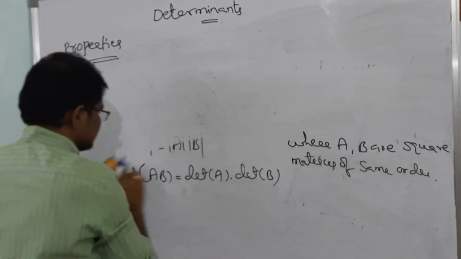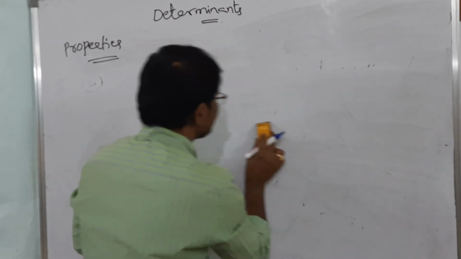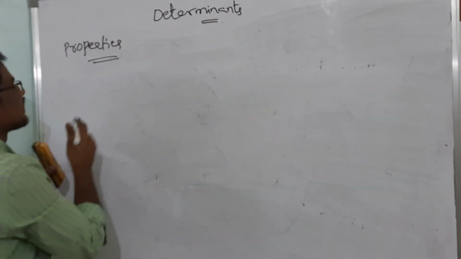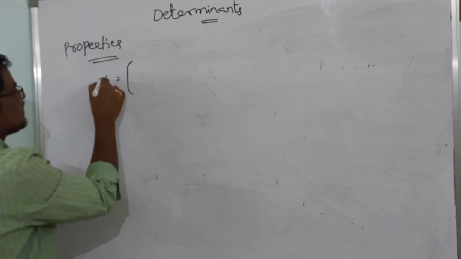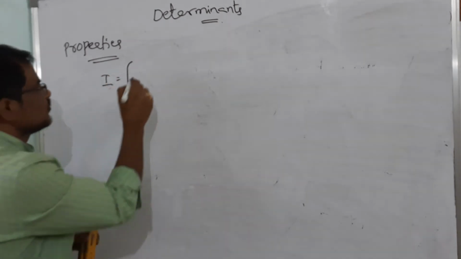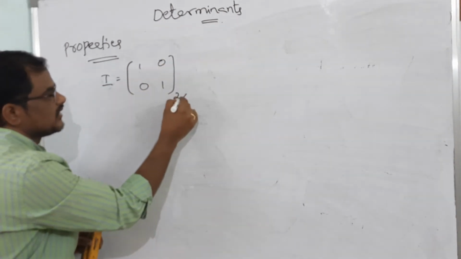Next, the eighth property I will take, that is the determinant of the identity matrix. Our identity matrix is denoted by capital I, with 1 0 0 1. This is the identity matrix of order 2.